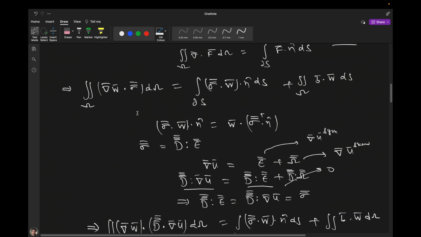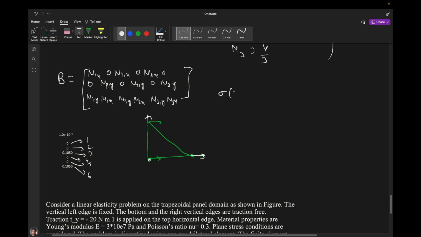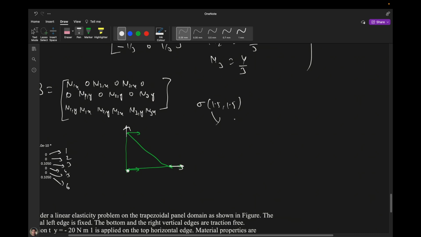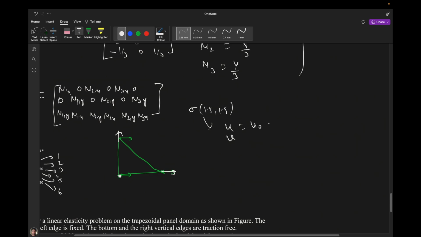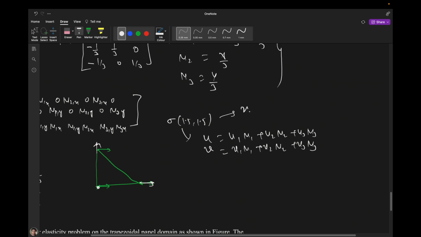To find the stress at which location, it is saying sigma at 1.5 and 1.5, and we already know that u equals u1 n1 plus u2 n2 plus u3 n3, and v equals v1 n1 plus v2 n2 plus v3 n3, and if you substitute x equal to 1.5 and y equal to 1.5, then we will get u and v.